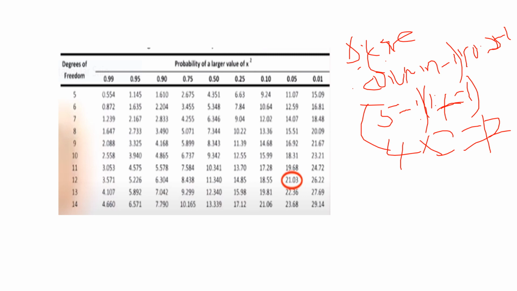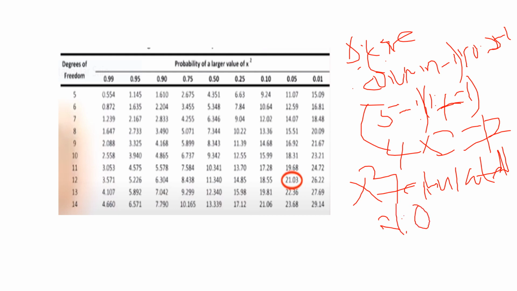Which is equal to 12. So now considering our significance level that we are given of 0.005, and the 12 degrees of freedom, if you read it from the table, the chi-square tabulated will be equivalent to 21.03.